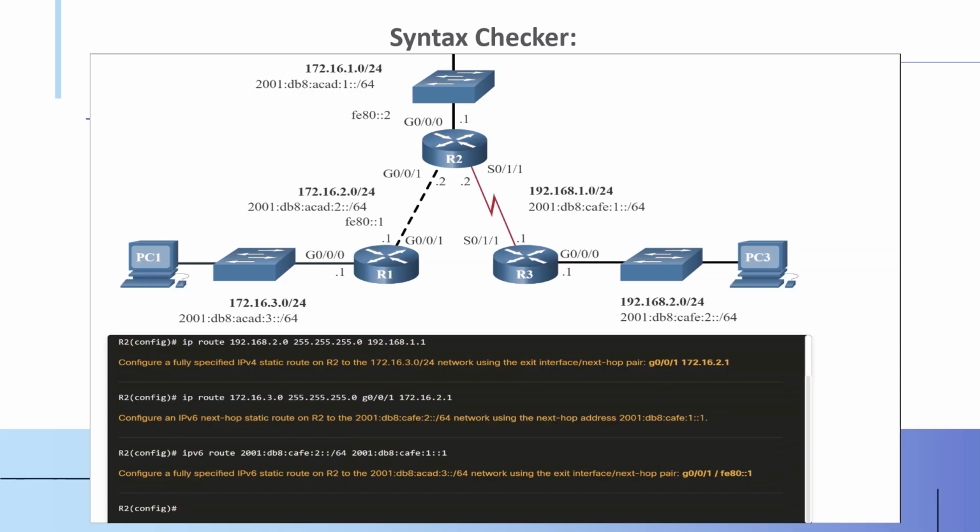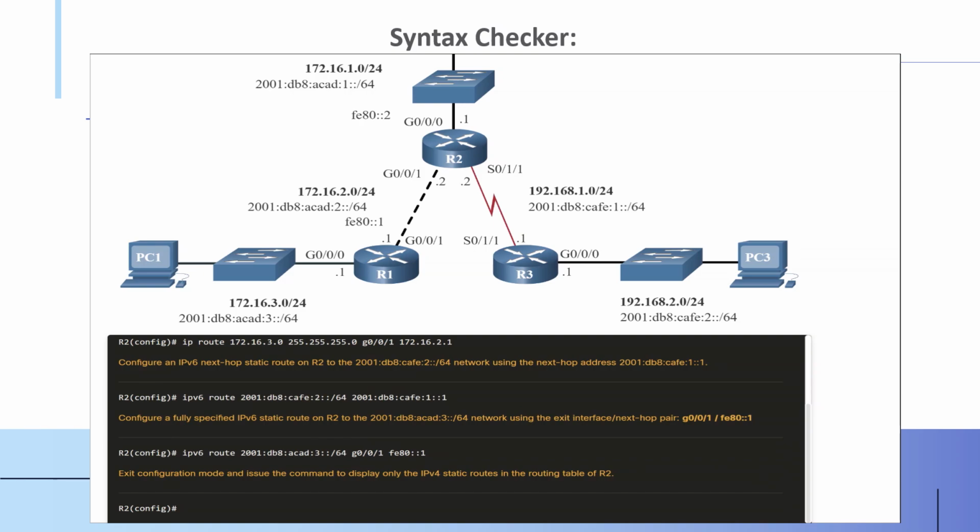And then we configure a fully specified IPv6 route on router 2 to reach the network that is connected at router 1, which is the LAN network connected through the interface giga00.